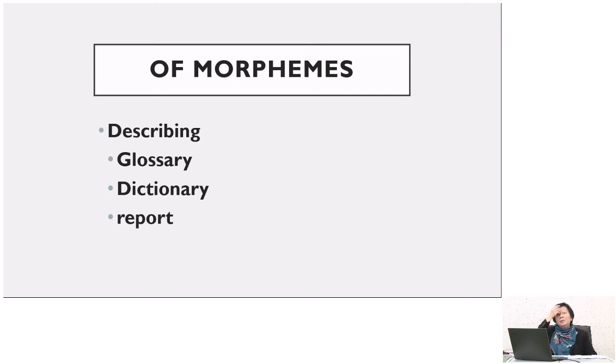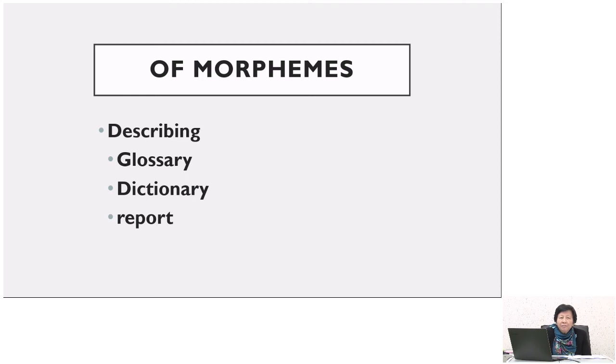So that would be a good glossary. And the perfect and bigger form of glossary, where you cover more data, I mean description, you just describe the morpheme study in the dictionary form, okay?